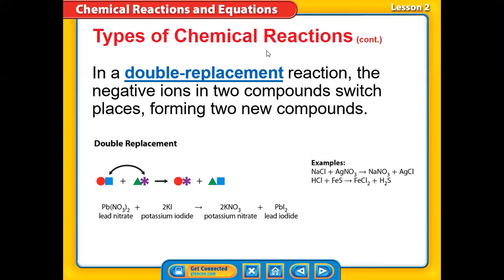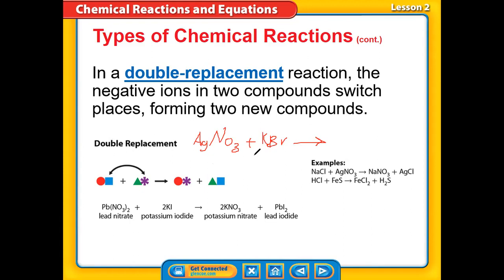Suppose AgNO3 is going to react with, for example, KBr. In that case, let's see what would happen. Will this reaction work or not?